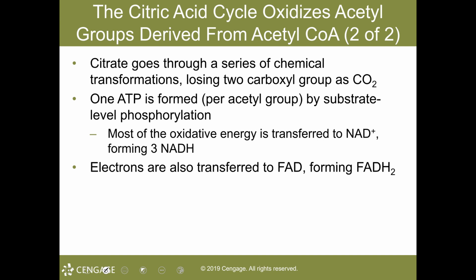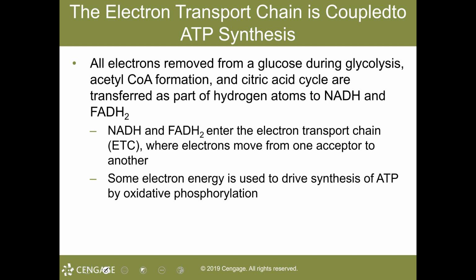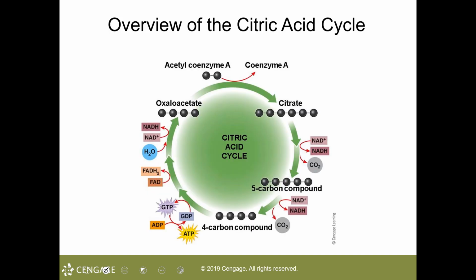The products here, class, are as follows. We have a total yield. I guess I'll leave it here, it doesn't show them all. The total yield, class, will be 4 CO2.